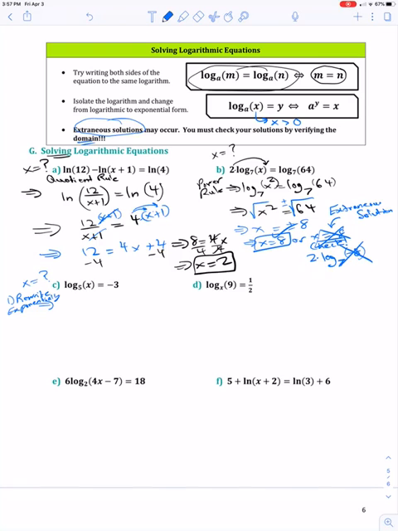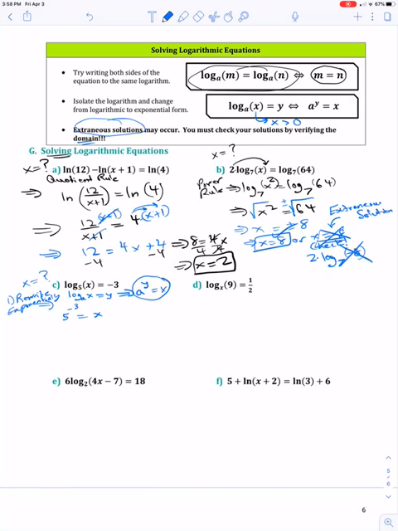With that said, if I want to know what x is, we're going to rewrite it exponentially using our definition. So remember, log base a of x equal y implies a to the y equal x. So that implies 5 to the negative 3 power must equal x.